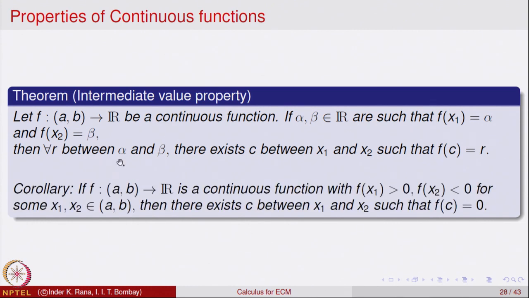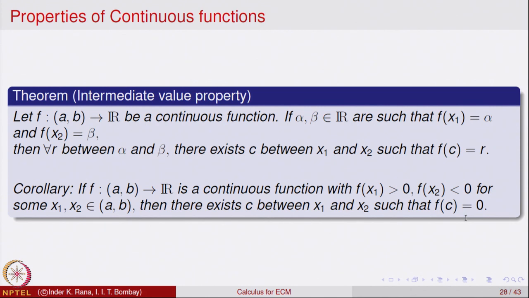So, a very special case of this theorem would be when alpha is a number less than 0 and beta is something bigger than 0. So, as a corollary of this, if f is a continuous function, so that f at some point x1 is bigger than 0 and f at x2 is less than 0, then for some point in between x1 and x2, the function should take the value 0.